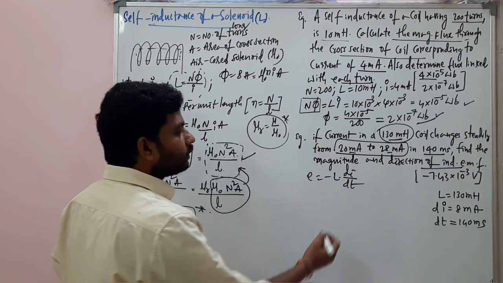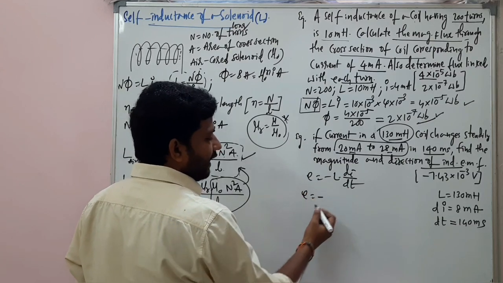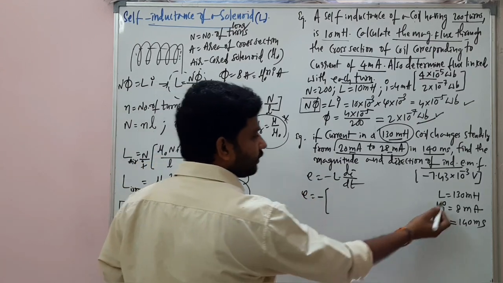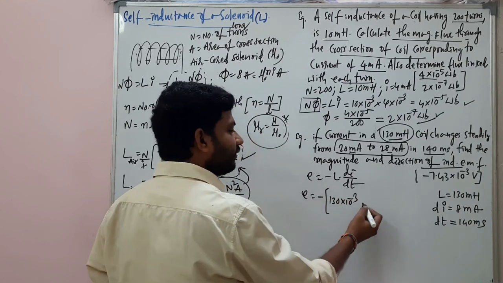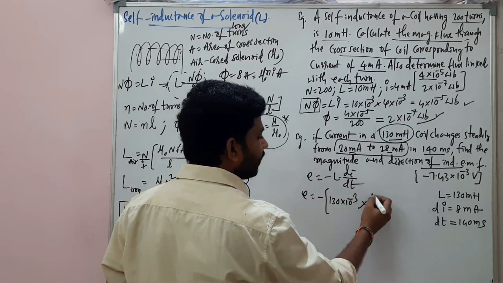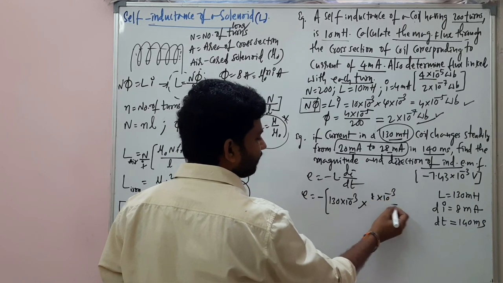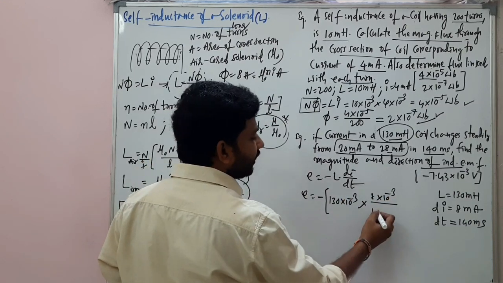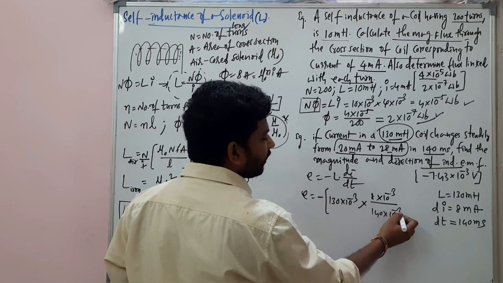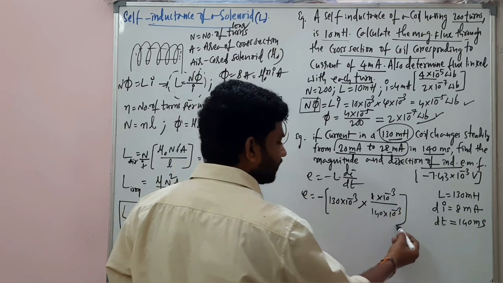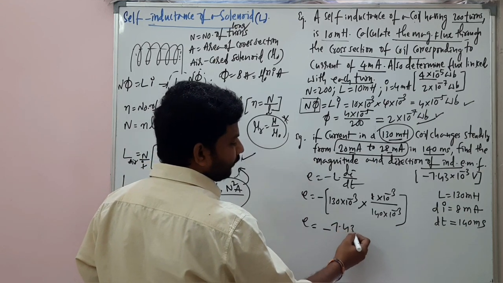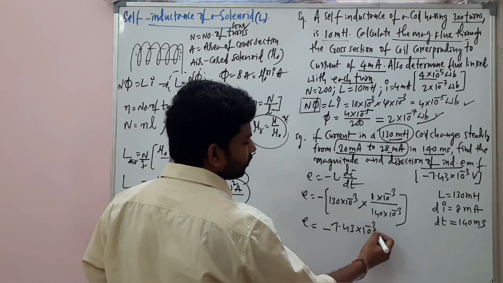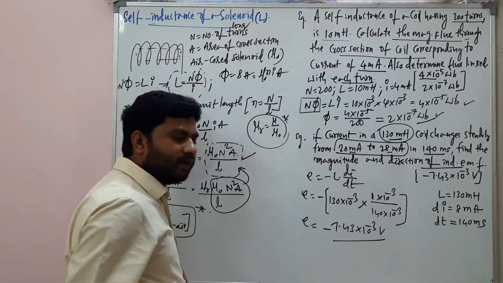So E is equal to minus, L here is 130 into 10 raised to minus 3 Henry, into di, 8 into 10 raised to minus 3 ampere, by dt, 140 into 10 raised to minus 3 seconds. If you work it out, you will get the answer as minus 7.43 into 10 raised to minus 3 volt.